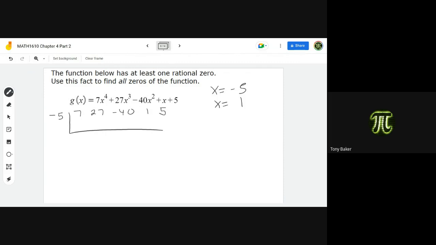I don't have anything missing, so I don't have to worry about that. 7, -35, -8, 40, 0, 1, -5, 0. Now remember, that has to come out what? 0. If it doesn't come out to be 0, you messed something up. So now we can take this and just do the 1 to it.